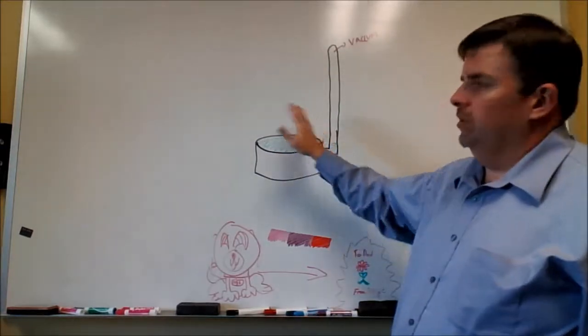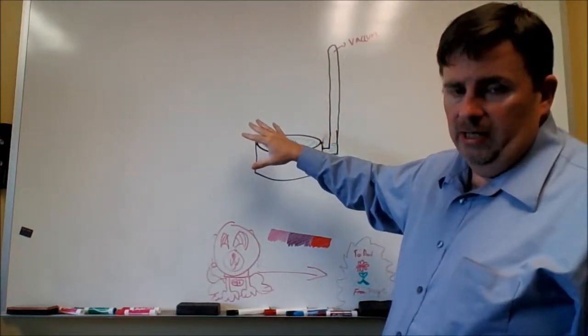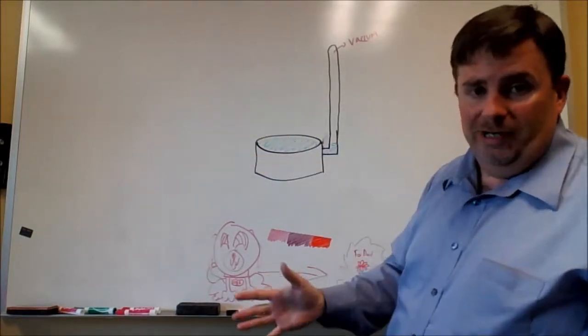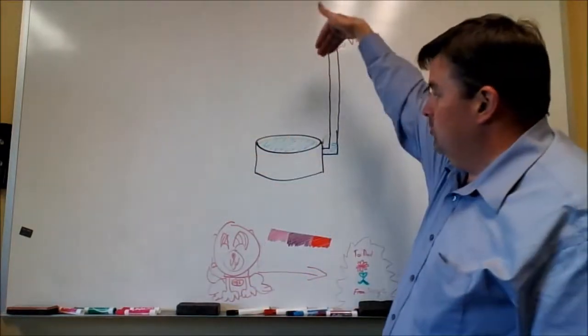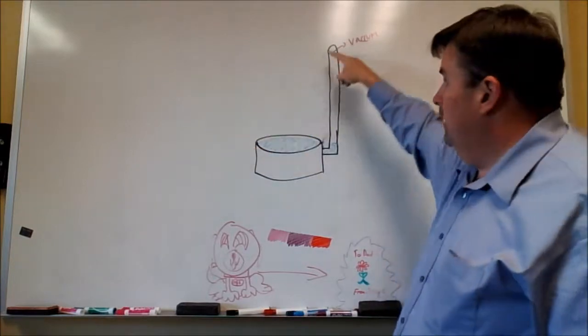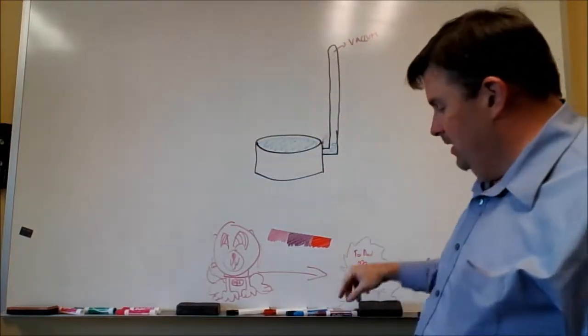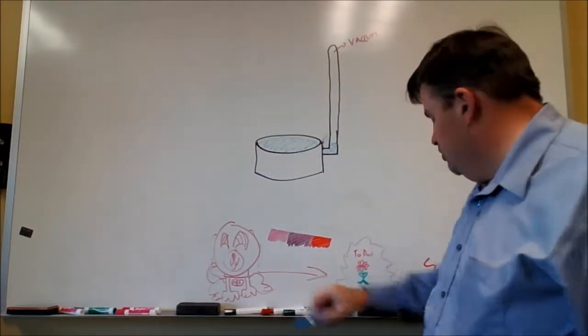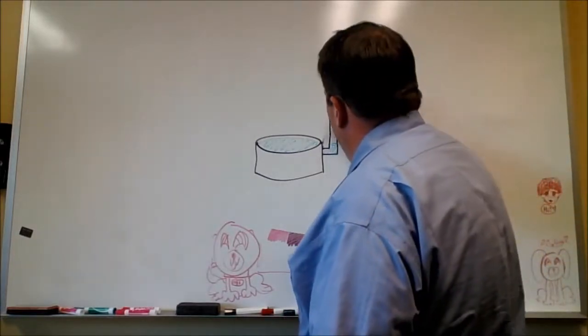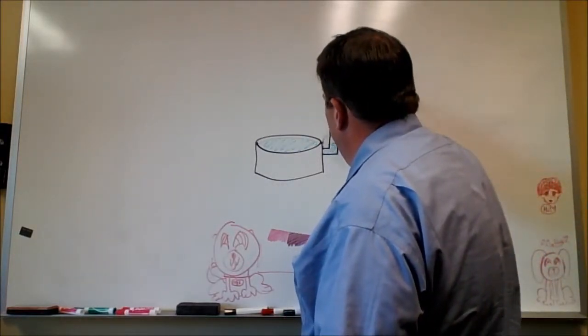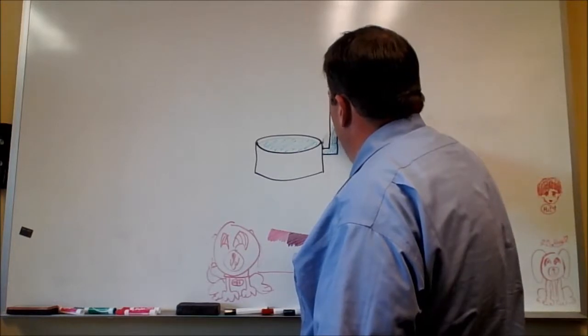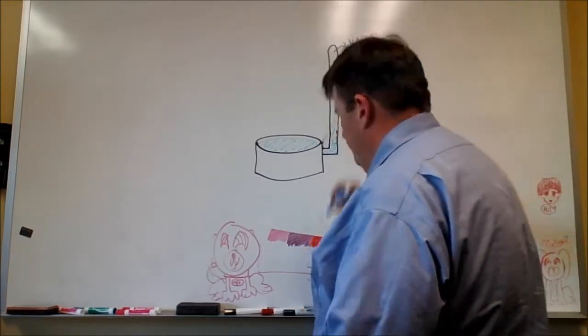And then they released this into the atmosphere. Basically, they just put it outside, right? And then the atmosphere started pushing down on this liquid. And as the vacuum pulled on this end, the mercury was pushed up a certain amount. Okay? And it went up a certain tube. So the mercury filled this particular tube.